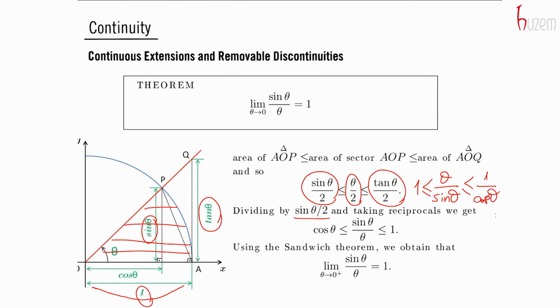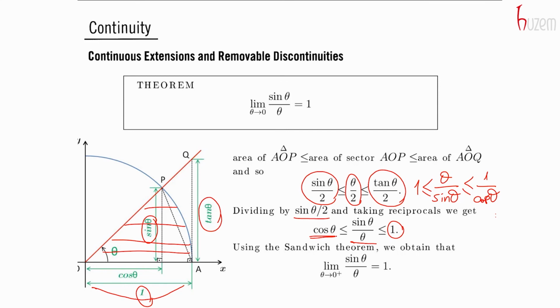Now if we take reciprocals, 1 will become 1 over 1, which will be the biggest number among all. And theta divided by sine theta will become sine theta divided by theta, which will be the second biggest number. And 1 over cosine will become cosine theta. So we have this inequality now.